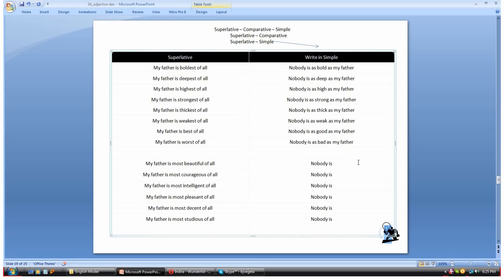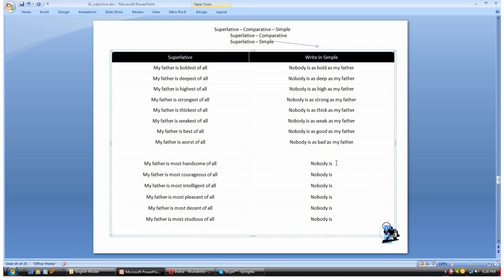My father is most beautiful of all. We'll make it handsome. Nobody is more handsome... wrong. Simple. What is the simple for most handsome? Handsome. The simple for most handsome is handsome, not more.